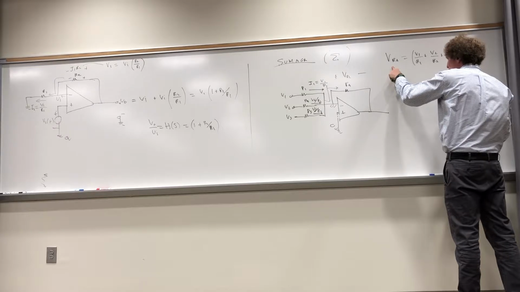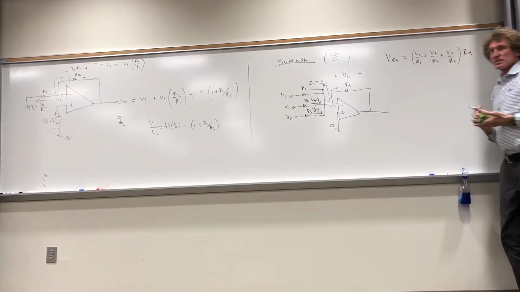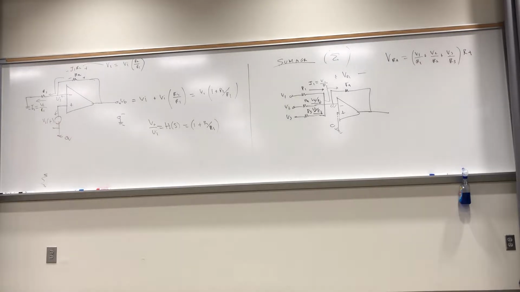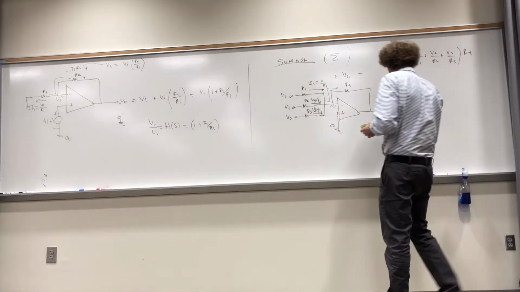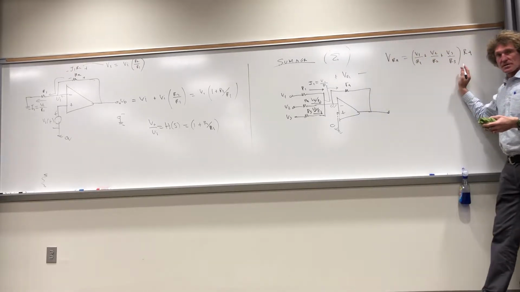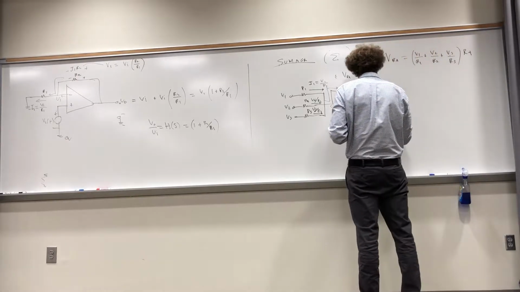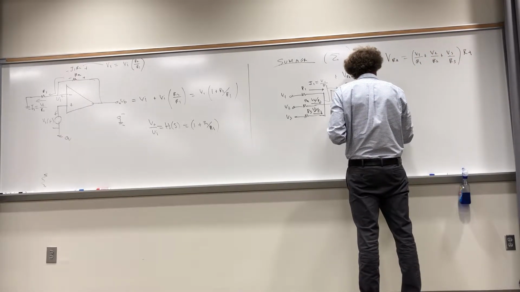That's the current that's flowing here times R4. Do you agree, class? I want to make sure you see this. I don't want to fly through this. Now, what is the output voltage, though, here? Isn't it really the negative of this, class? So this voltage right here is minus VR4.